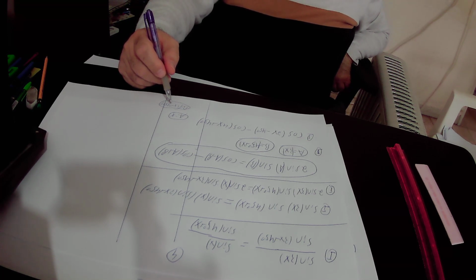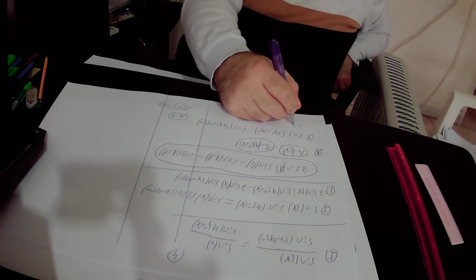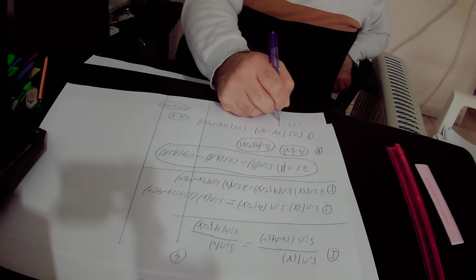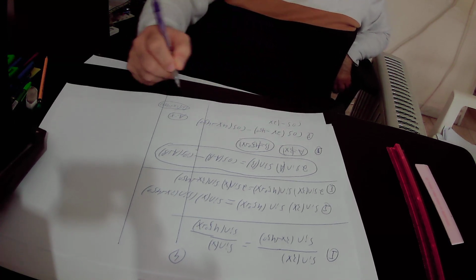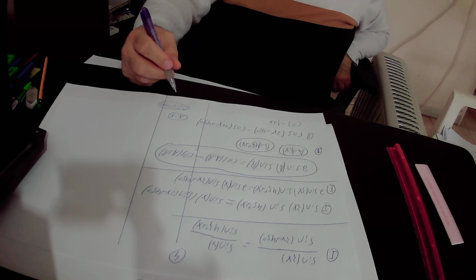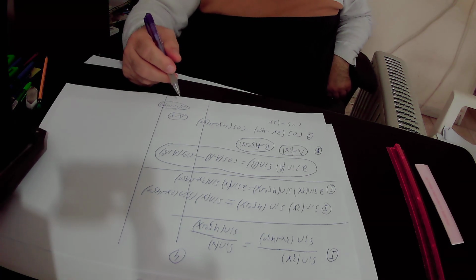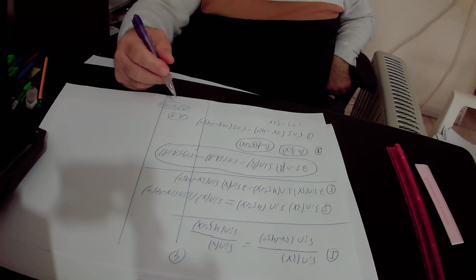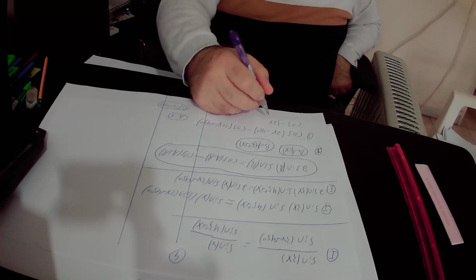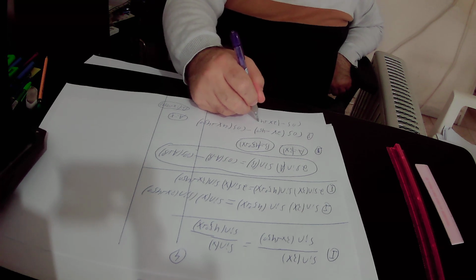So x minus 3x is minus 2x, and 0 minus 45 degrees is minus 45 degrees.